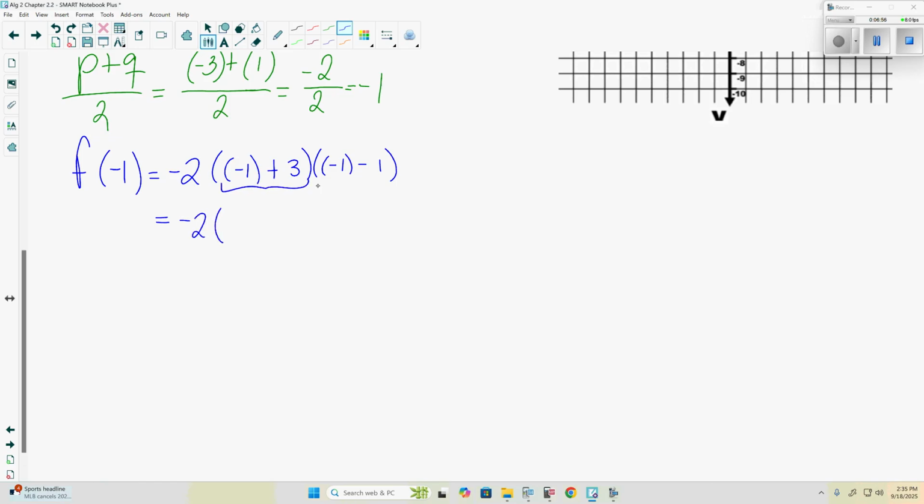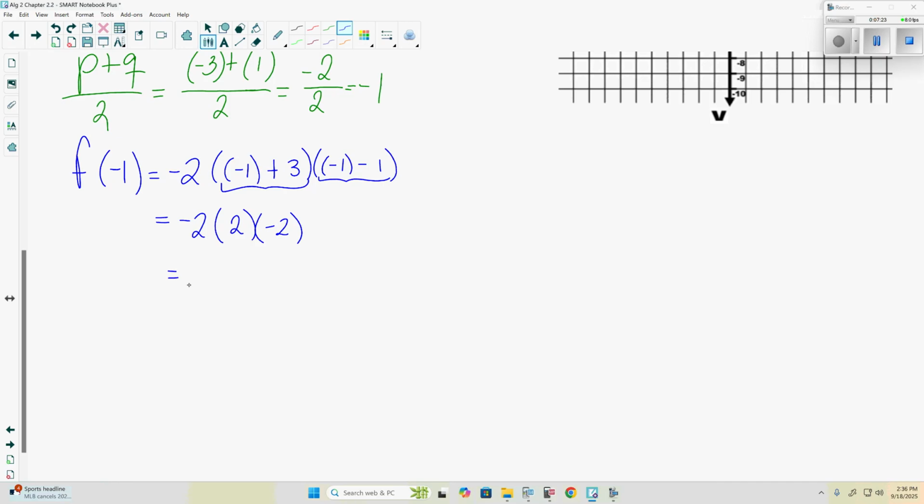Now, negative 1 plus 3 is 2. Negative 1 minus 1 is negative 2. So we have negative 2 times 2 times negative 2. A negative times a positive would indeed be a negative, and then we multiply by another negative and it becomes positive.